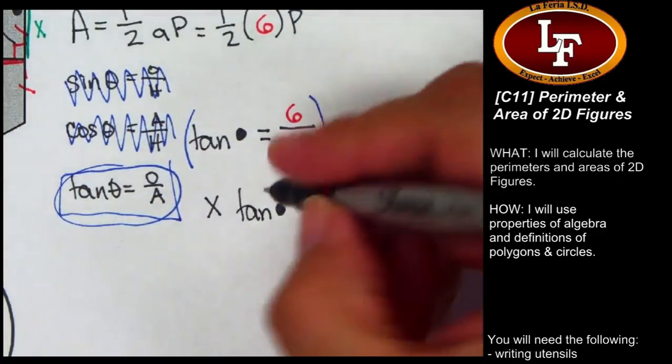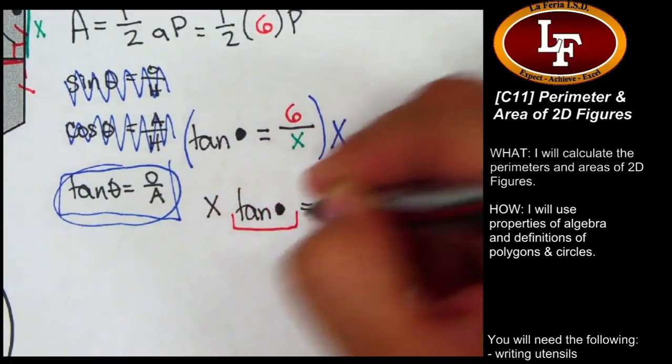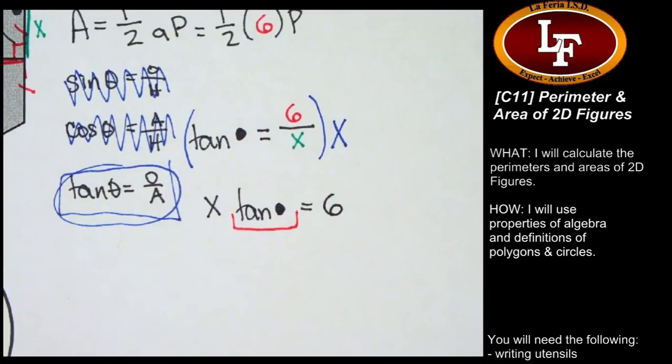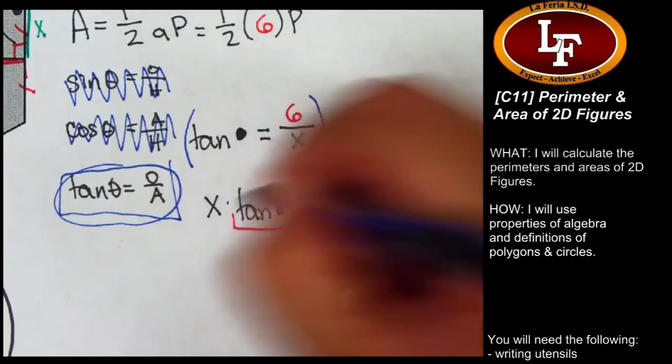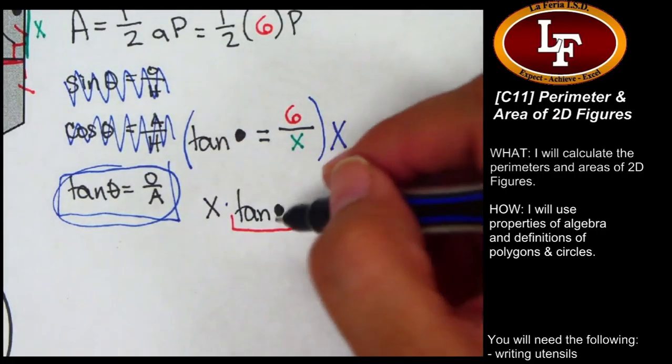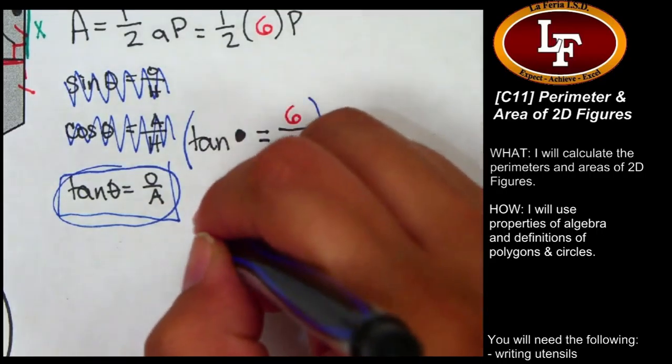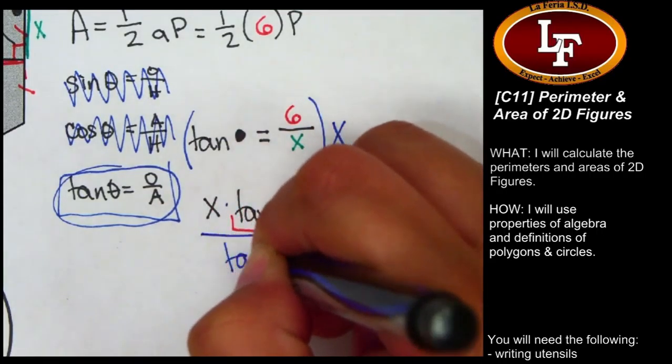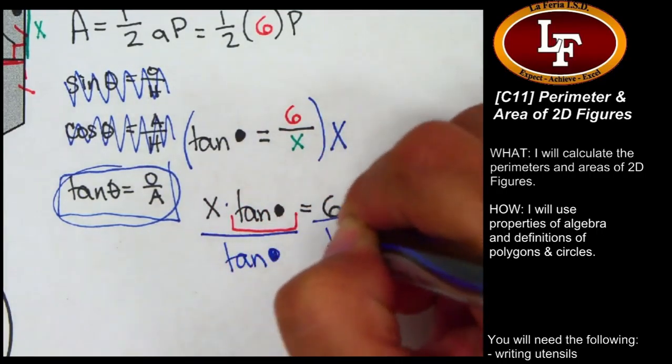Remember that this value right here, the tangent of whatever measure that angle is, is just a number. It's like 2 or 3. You can find it in your calculator. Which means in order to undo this multiplication between the x and the tangent of whatever the angle is here, I can divide by that value.